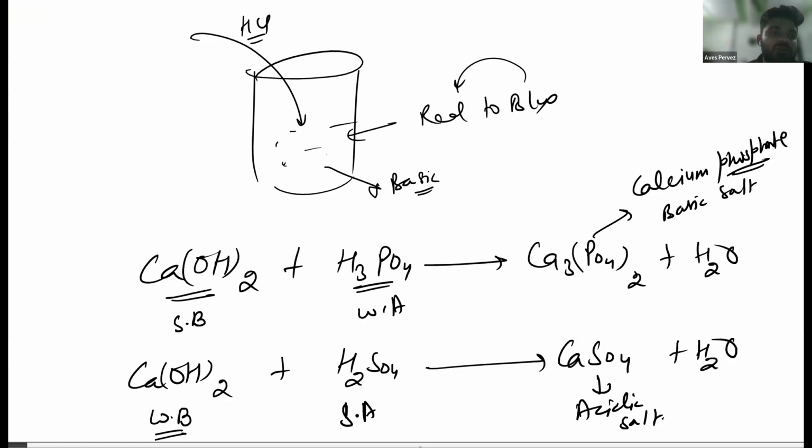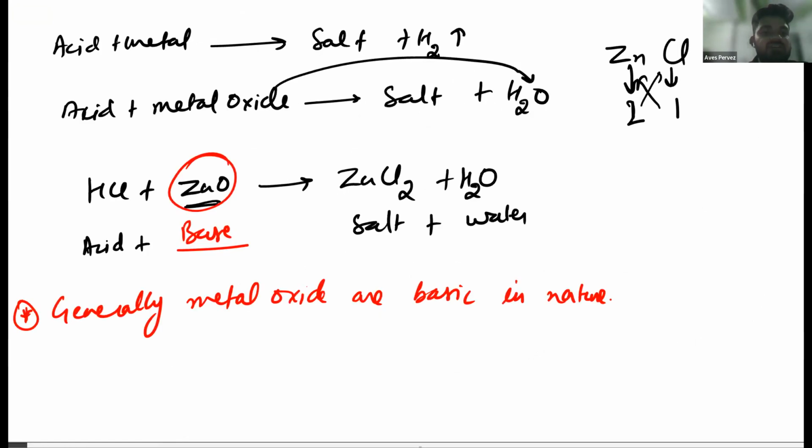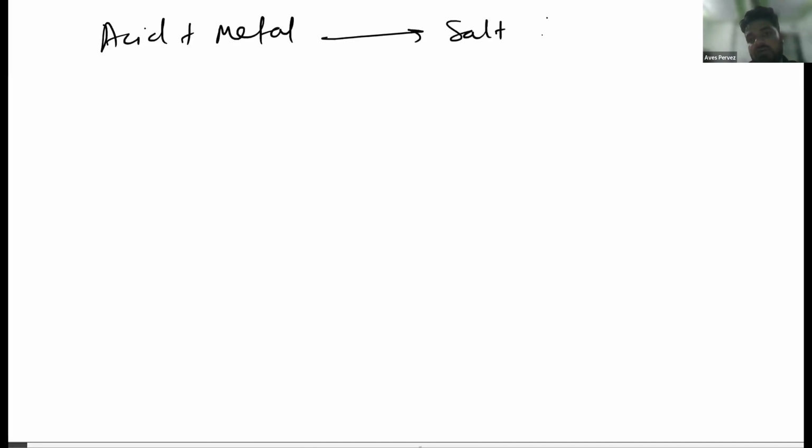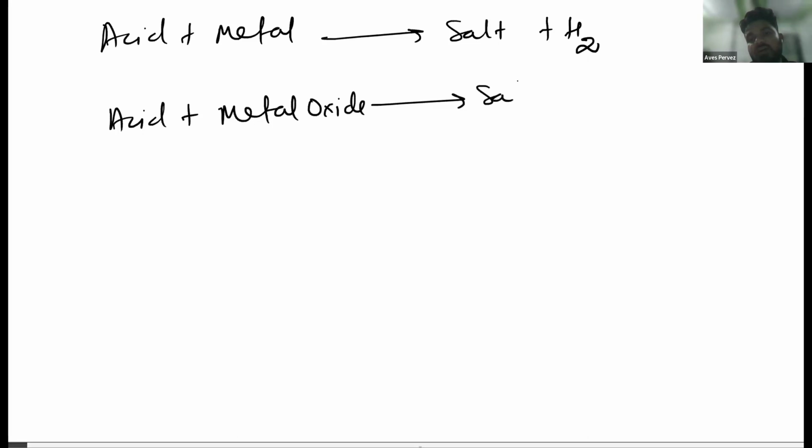In the previous class, we discussed the properties of acids. Acids when they react with metals give you salt plus hydrogen gas. Acids when they react with metal oxides give you salt plus water.